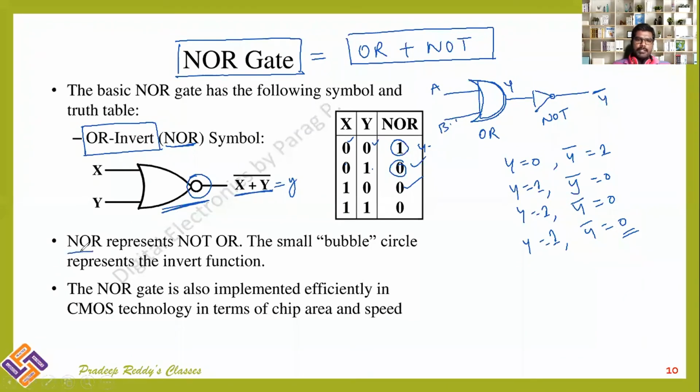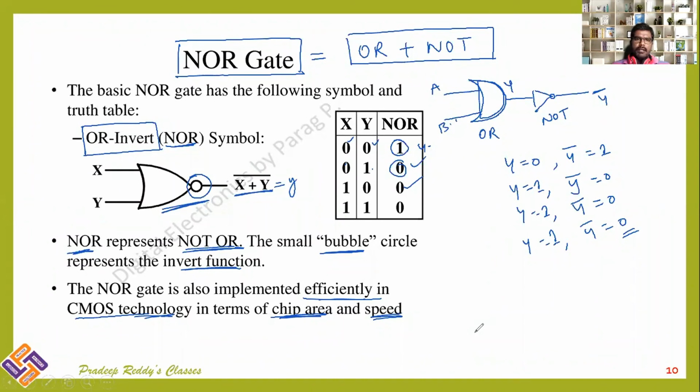So NOR represents not OR, and a small bubble circle represents that it is an inverting function. NOR gate is also implemented efficiently in CMOS technology in terms of chip area and speed. Of course, this is electronic usage. We are not bothering about that now. This is about NOR gate.